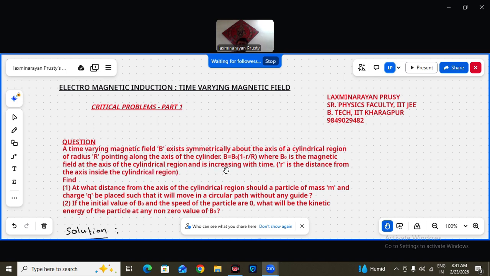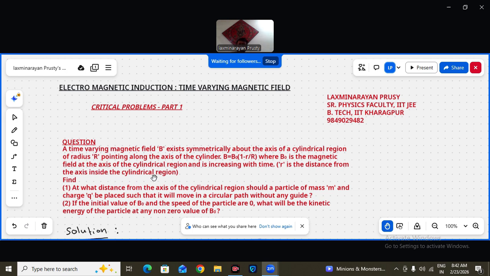And this B naught is also increasing with time. B naught is the time varying magnetic field on the axis, and it is increasing with time. The small r is the distance from the axis of the cylindrical region.